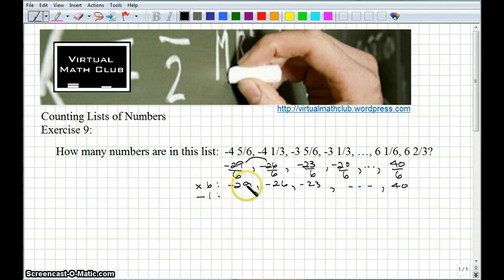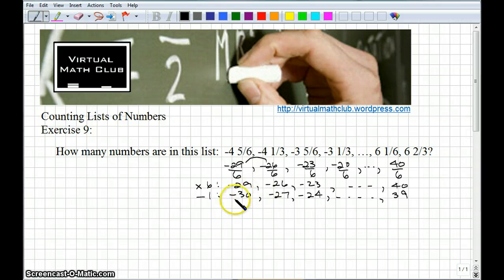So if I subtract 1 from negative 29, I'm going to get negative 30, okay? And this will be negative 27. This will be a negative 24. Alright, all the way up to 39. Okay, so when I subtract 1 from a negative number, it becomes more negative, obviously.